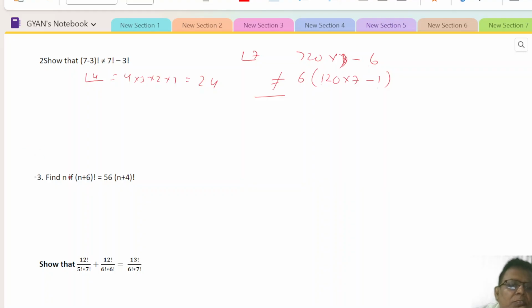Find n if factorial n plus 6 is equal to 56 into factorial n plus 4.